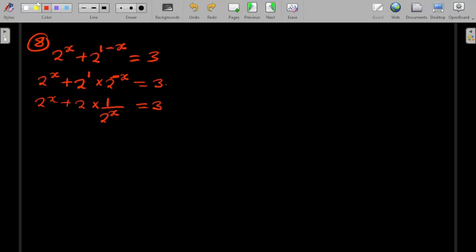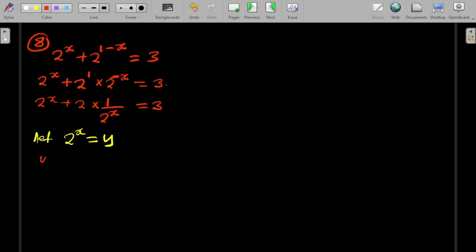So what we're going to do is, you can see that 2 to the power x is the same as the 2 to the power x that we have here. So we'll let 2 to the power x be any variable. We'll let it be y, meaning that where there is 2 to the power x, we substitute with y.